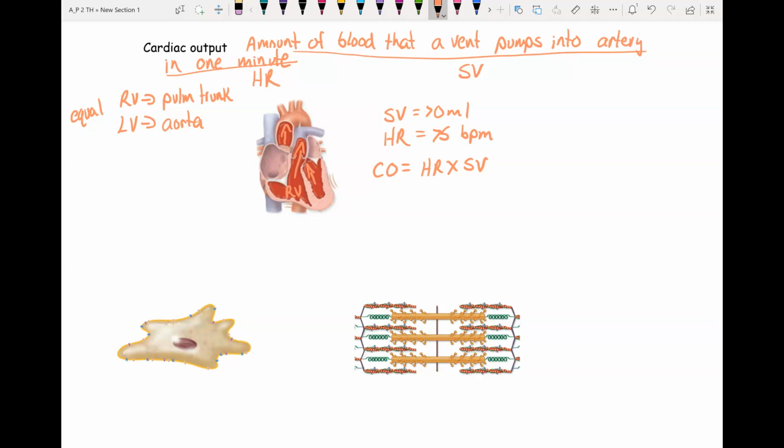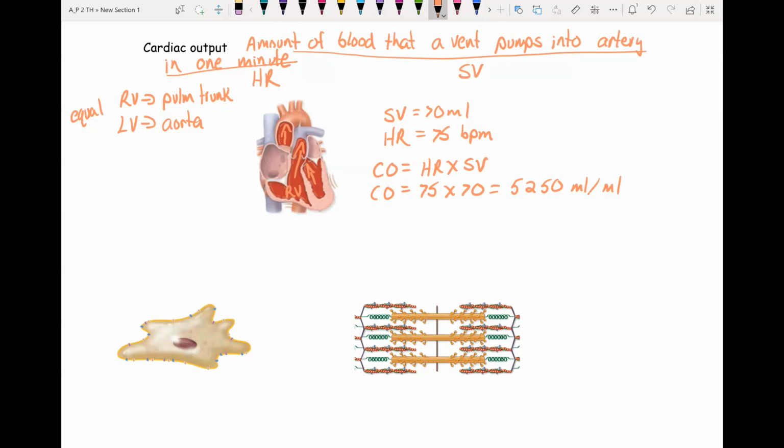So an average healthy adult at rest has cardiac output of 75 times 70. And that comes out to 5,250. This is milliliters per minute. Since this is metric, you can move the decimal.